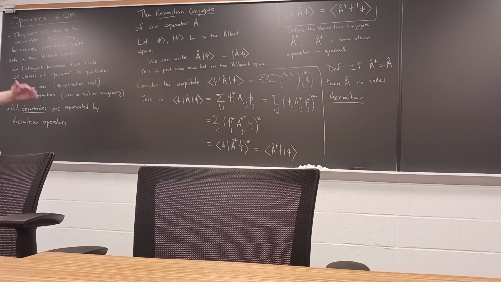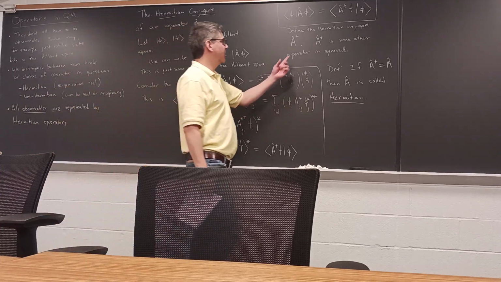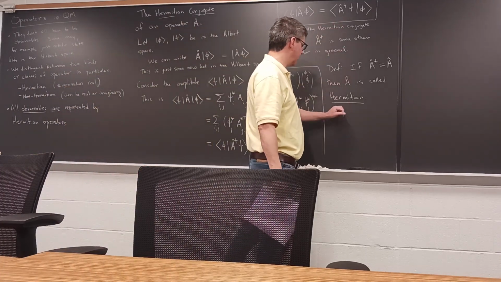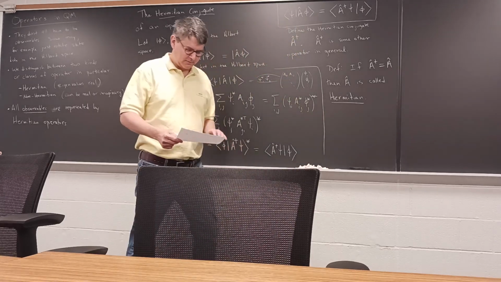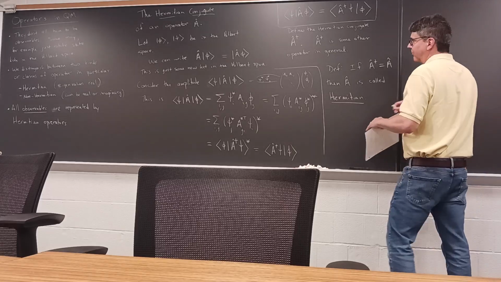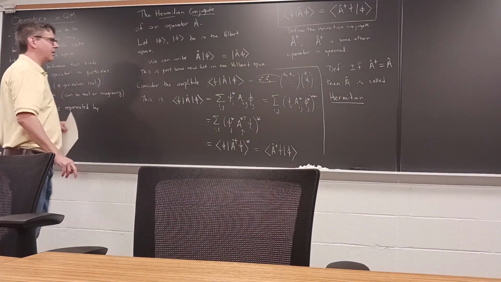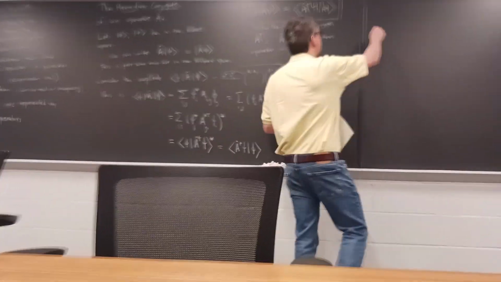Okay, so it's not always the same operator. It's in general not the same operator. But if when you do this you get the same operator, then that operator is Hermitian. And what's important here is that Hermitian operators have real eigenvalues. So let's see that.